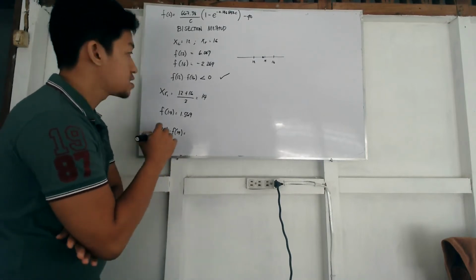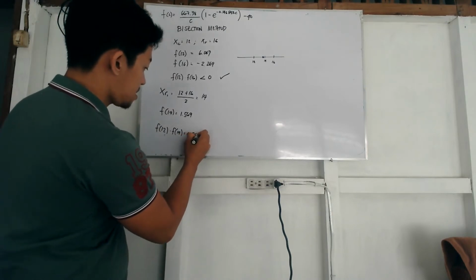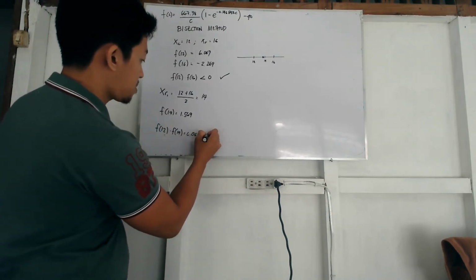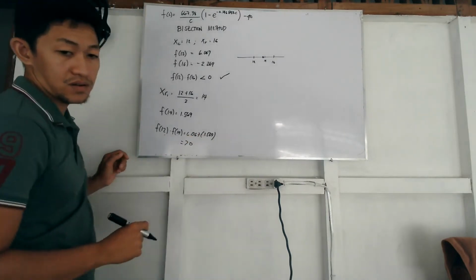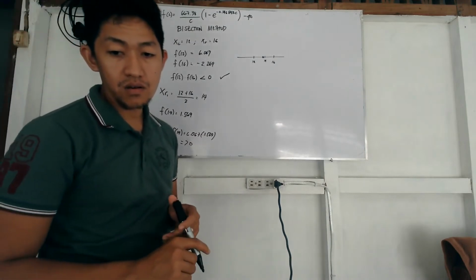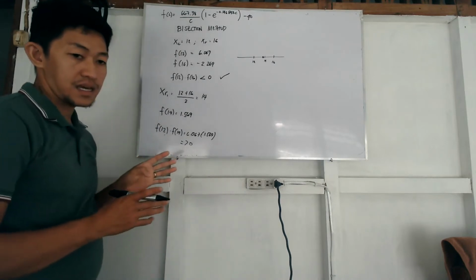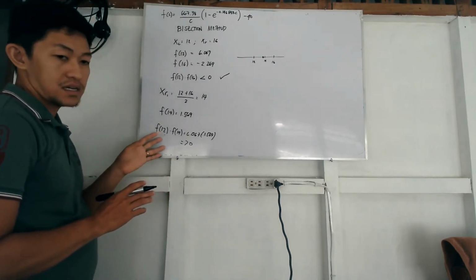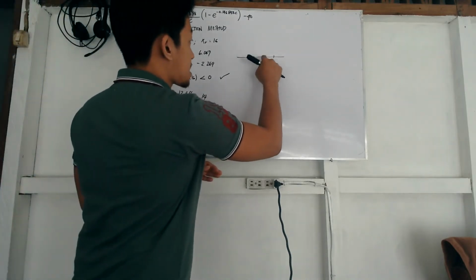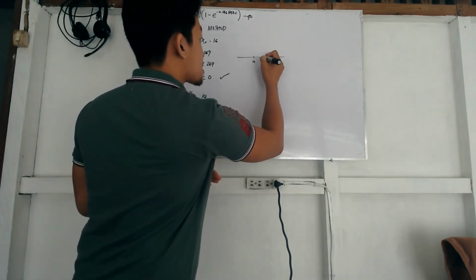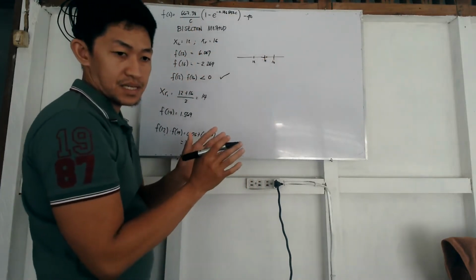F of 12 is 6.067 times 1.569, so the answer is greater than 0. So the root belongs to the upper subinterval.